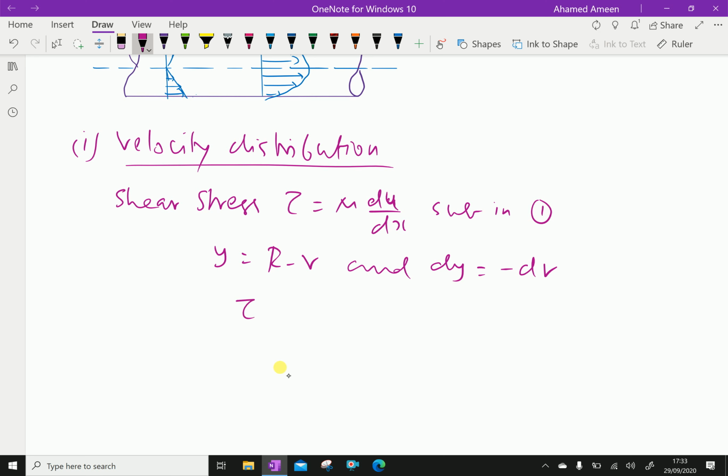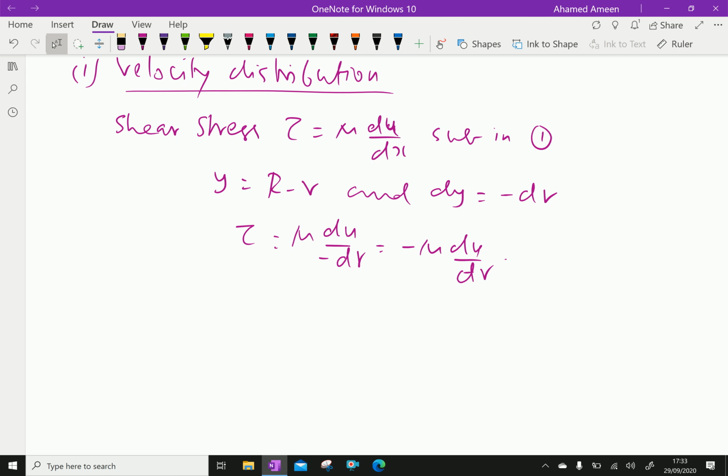Therefore tau equals minus mu du by dr. Substituting equation 1, we get minus mu du by dr equals minus dou p by dou x into r by 2.